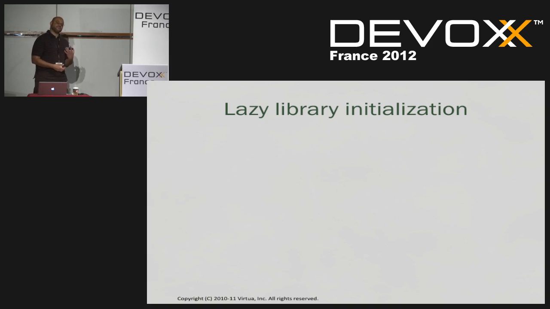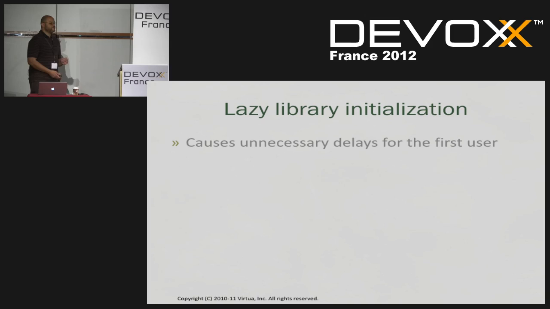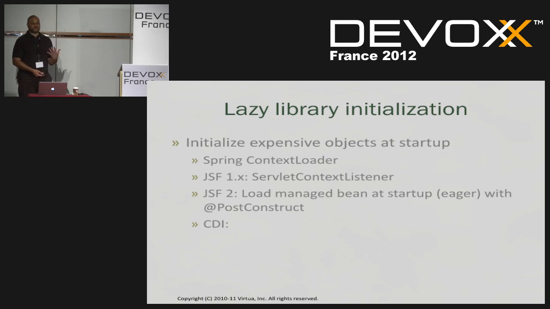And sometimes the issue is that you're loading libraries or services lazily throughout the application that really could be loaded just once at startup, okay? So in that scenario, of course, the first user gets the speed slowdown, right?